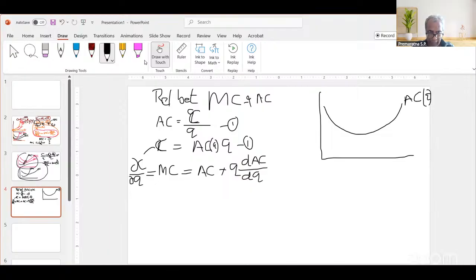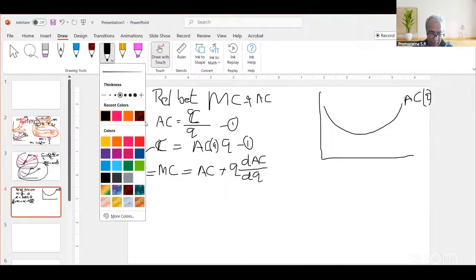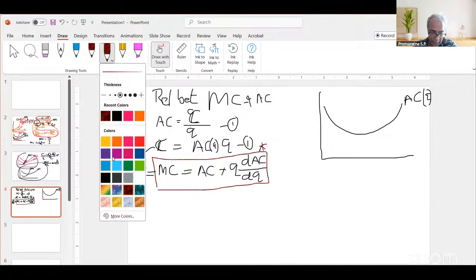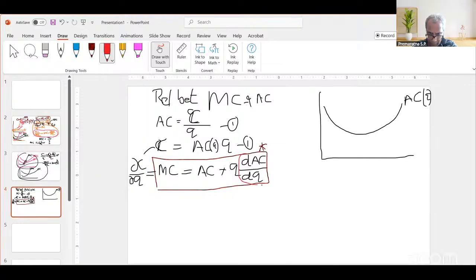So there we get a very important relationship between the marginal cost and the average cost. That is very important when you answer the exam question. Now look at here carefully, what is this part?